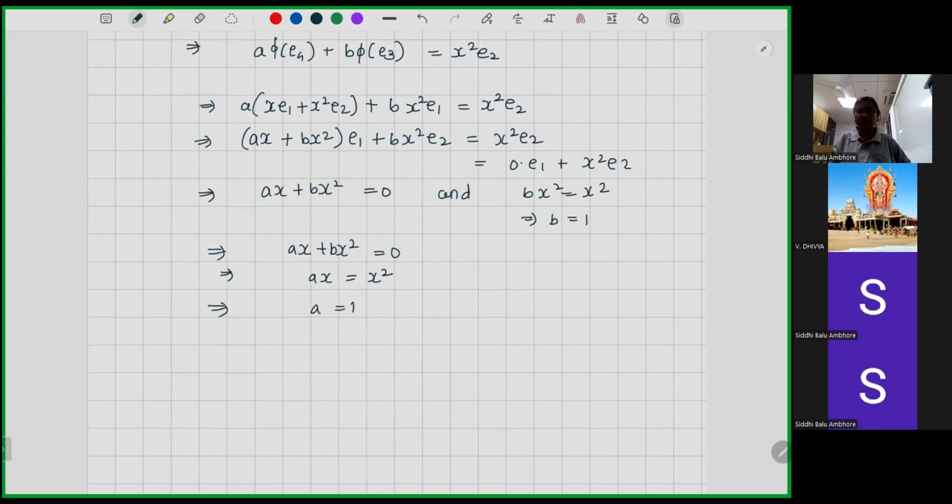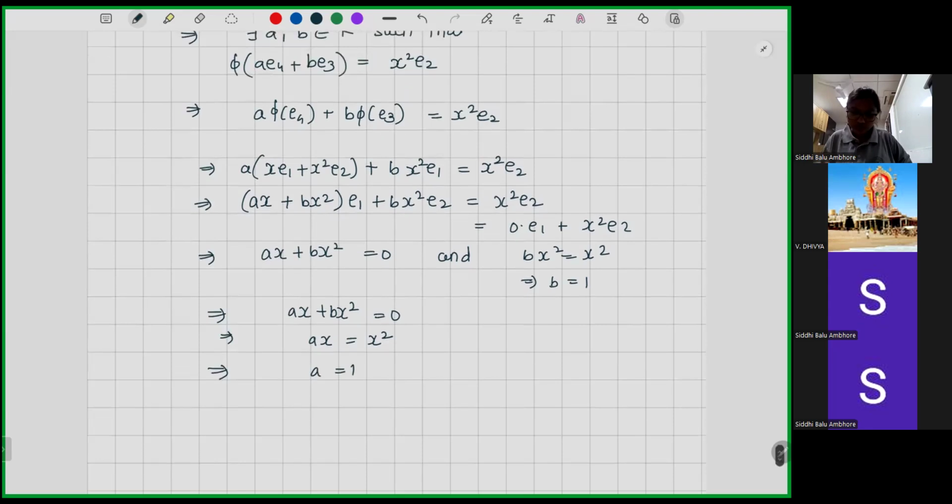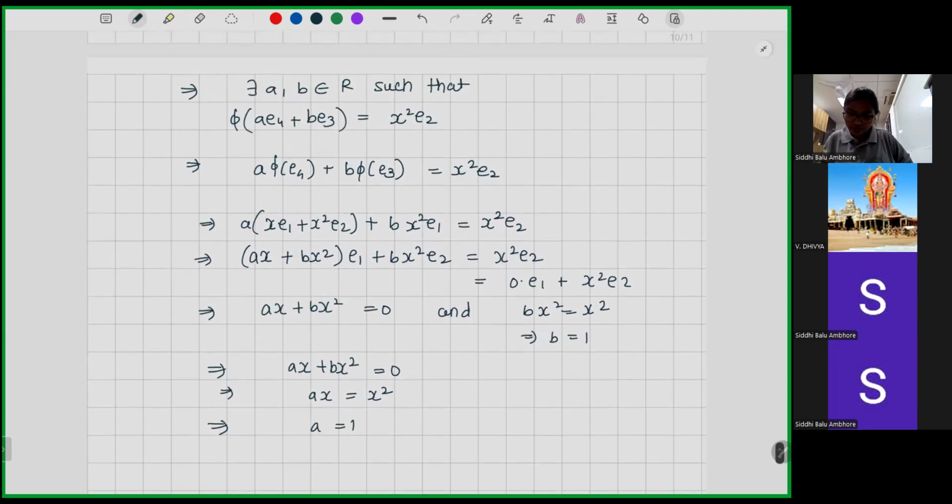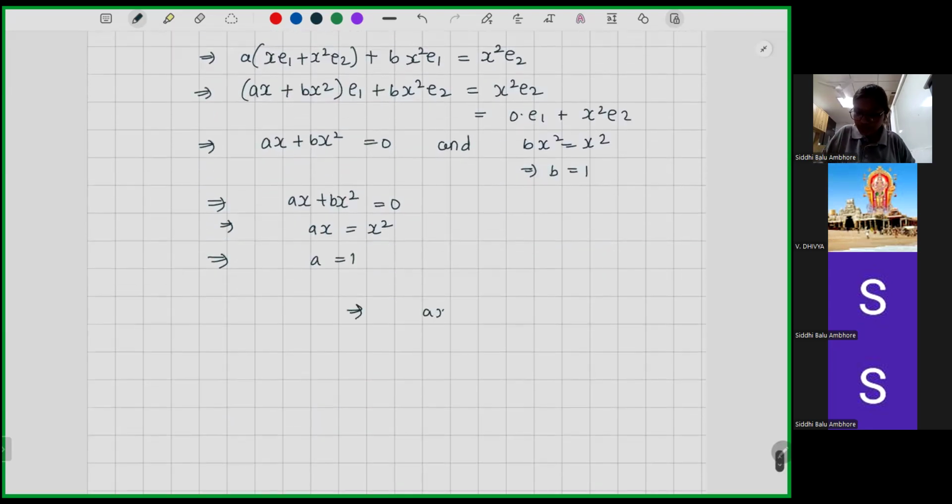That is correct. But the moment I have A equal to 1, this implies x plus Bx square is equal to 0.